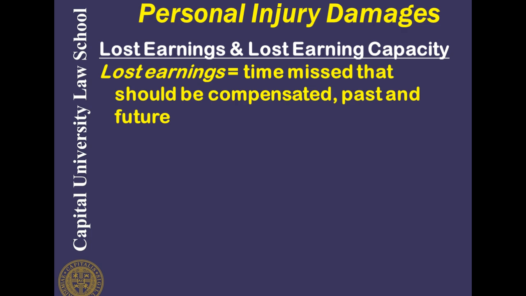If they're going to be out for another 10 months in the future after the trial, they should be compensated for the time that they will be out. These are earnings that they are earning now or would earn in the future, and they are quantifiable fairly easily.